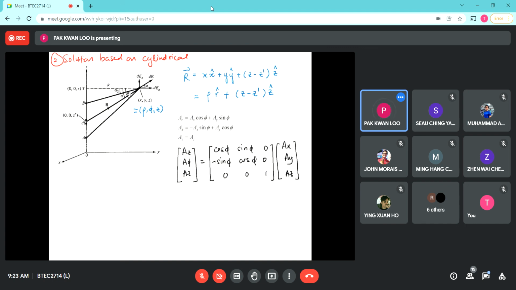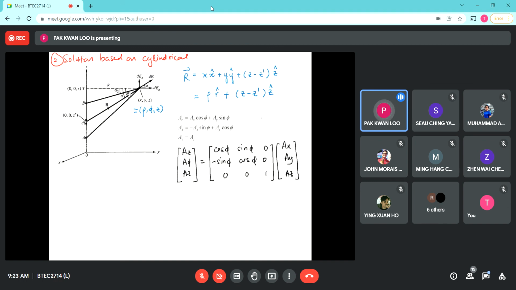I've already shown you how one can change from Cartesian to cylindrical vector transformation, based on the unit vectors. So now, how are we going to transform it into cylindrical?